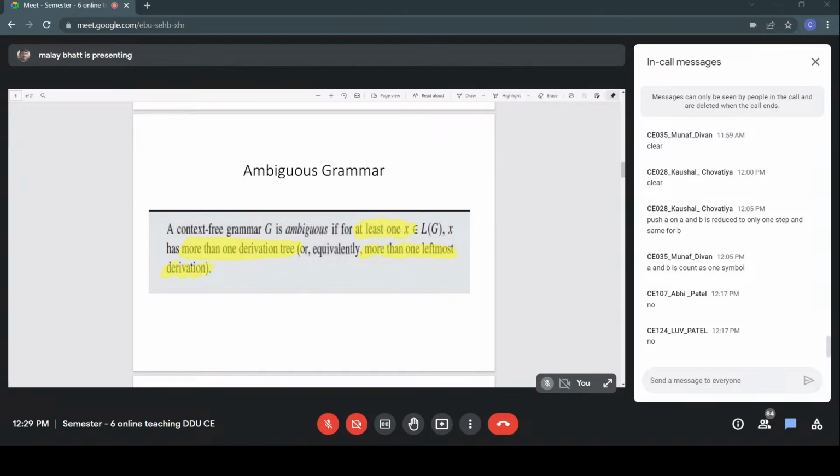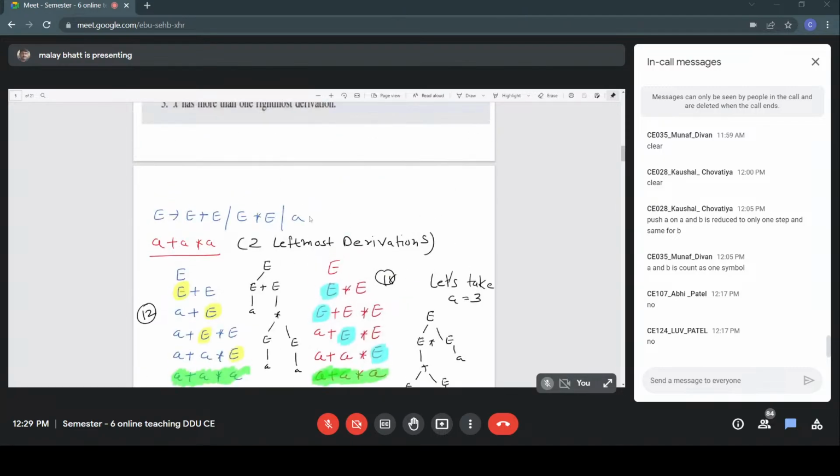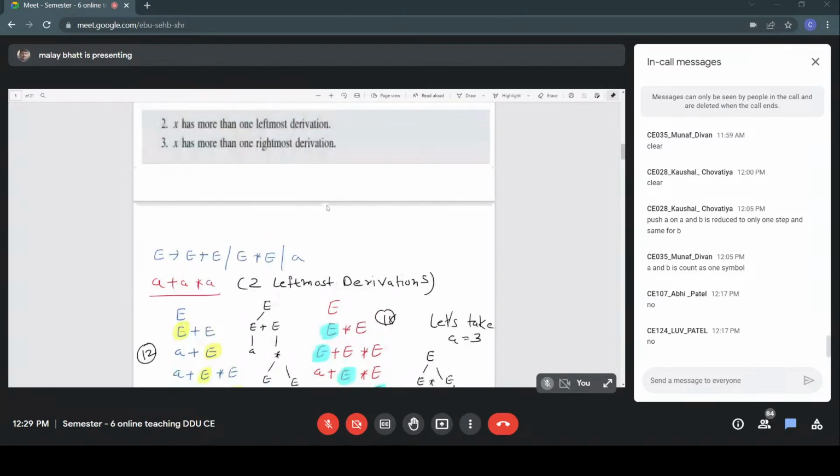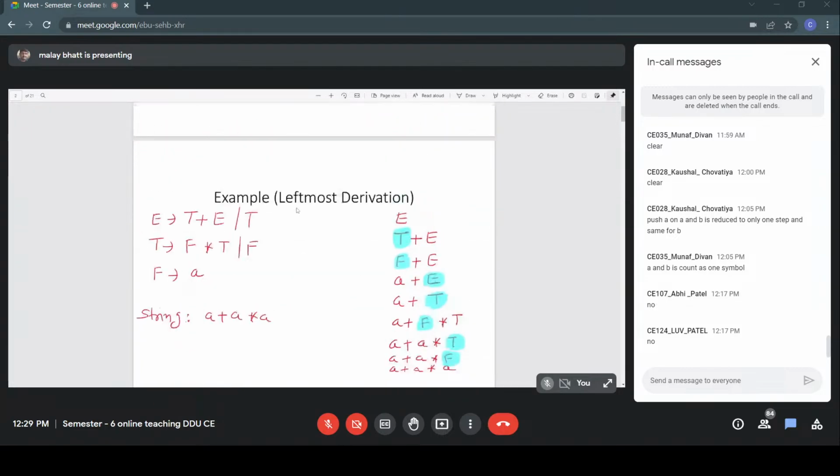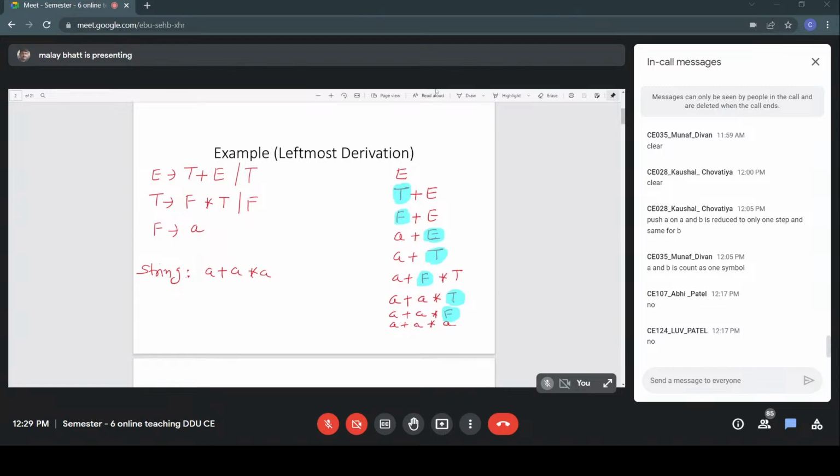What is the problem with this ambiguous grammar? You can see that we have taken the same expression, A plus A into A, with two different grammars. Here also we have the same expression, but the grammar is different. In this grammar, E gives T plus E. It is not an ambiguous grammar, so we are not facing any problem.